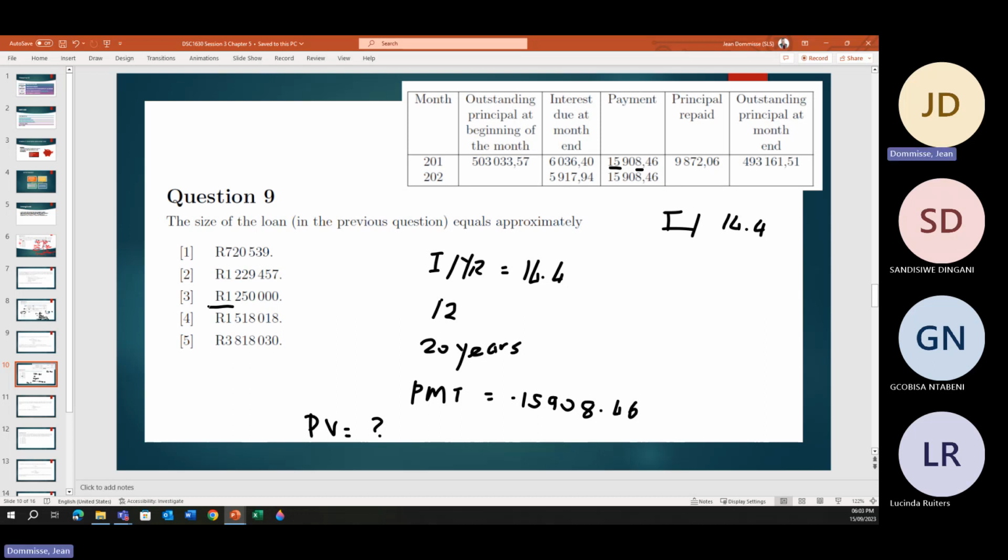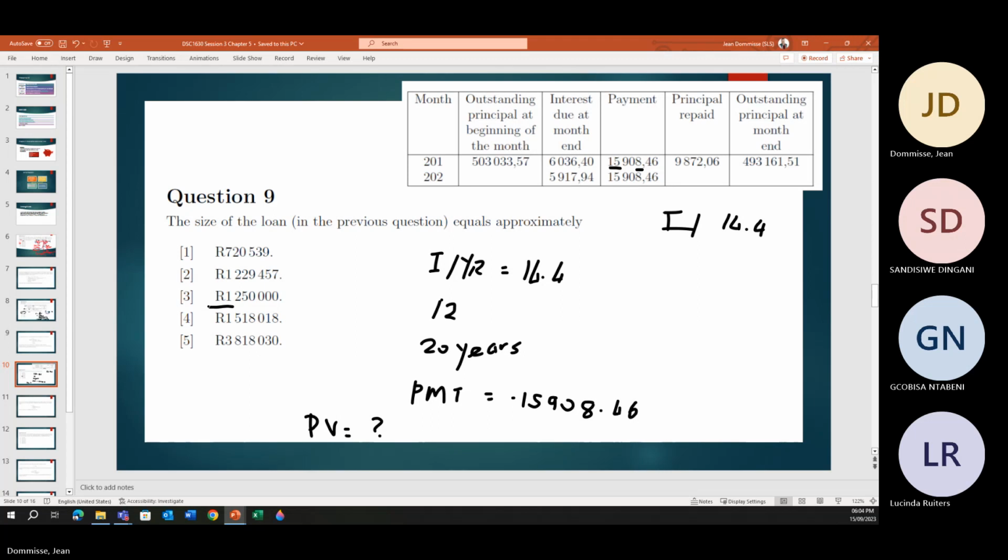Very important, let me just quickly also work it out again. 14.4%, 12 times a year, 20 years, so it's about 240 monthly payments, 15,908.46 payment per month.